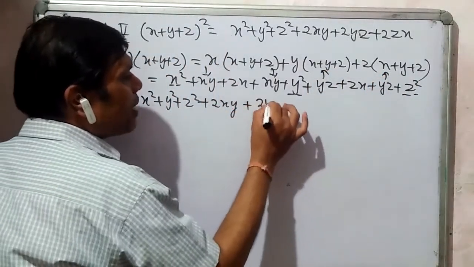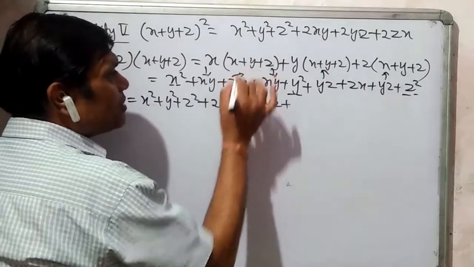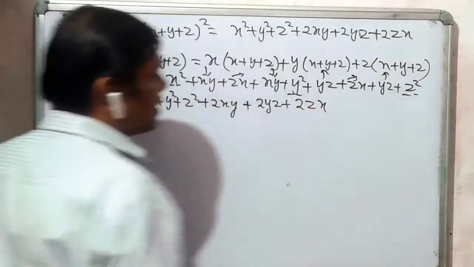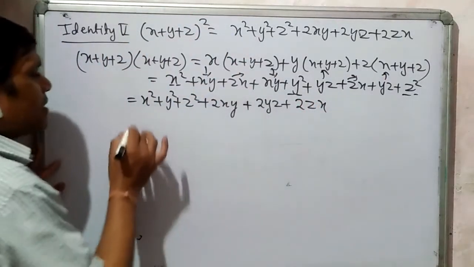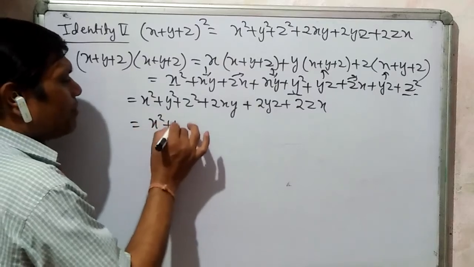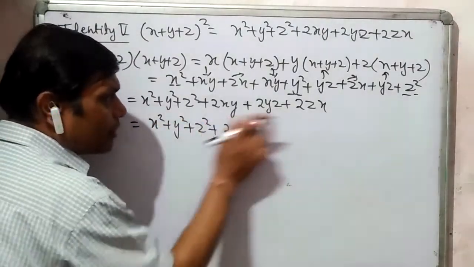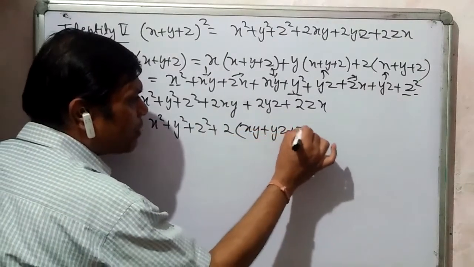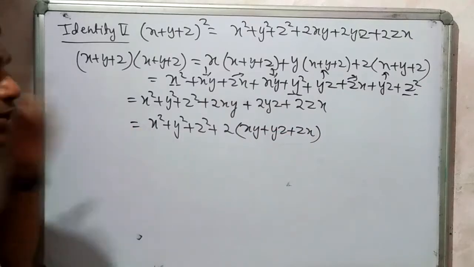Collect them as twice yz. Then we have zx and zx. Collect them as twice zx, which is our identity. You can also write this in a simplified form, a little easier to recollect. You can take twice common. Inside it is xy plus yz plus zx. So how will you memorize it?